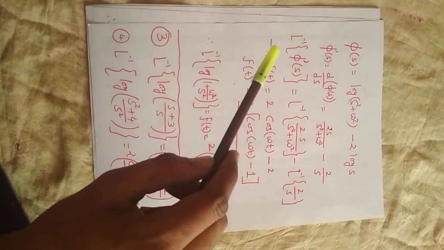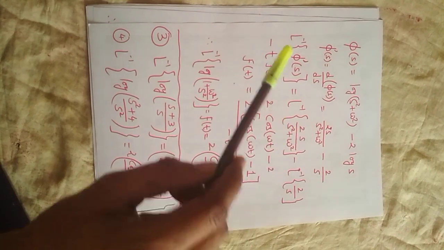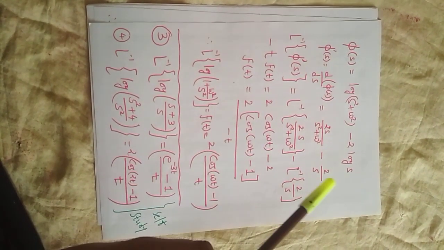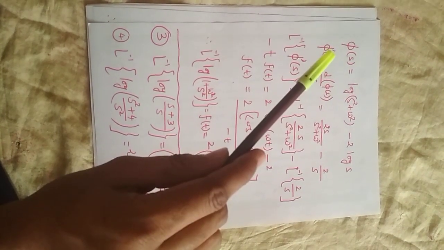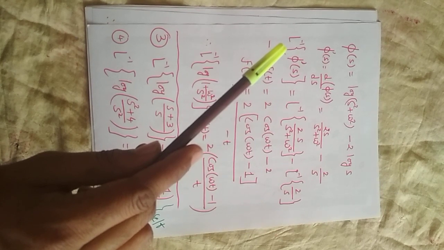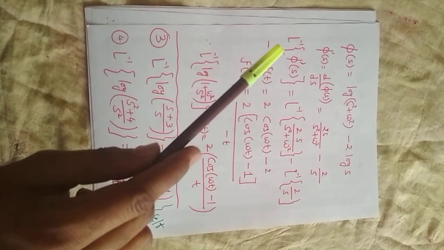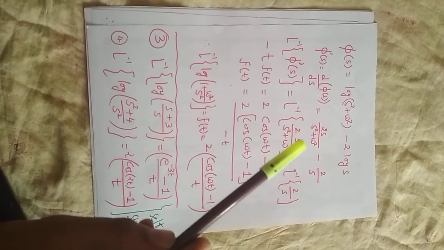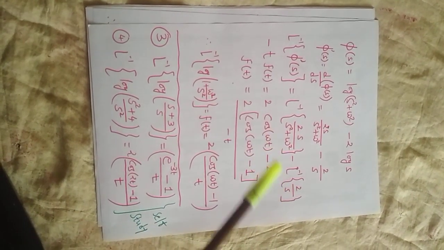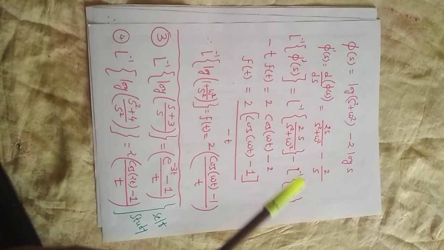Now taking the L inverse of both sides. This part is the derivative of phi of s, and taking the inverse Laplace of both sides, we get L inverse of 2s upon (s square plus omega square) minus 2 by s. Now we know both inverse Laplace.